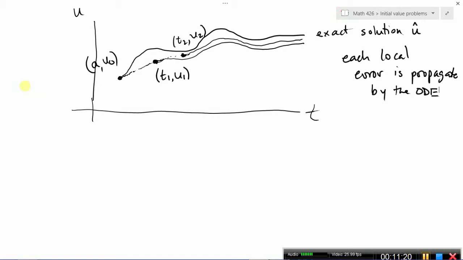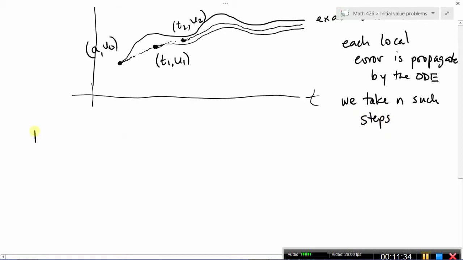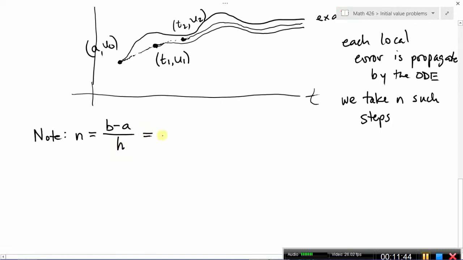And we also have to take n such steps. So note that n is b minus a over h, which is O of h to the minus 1.